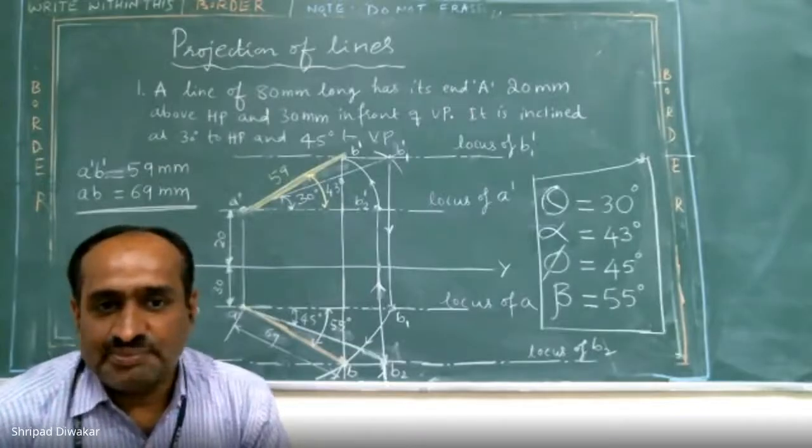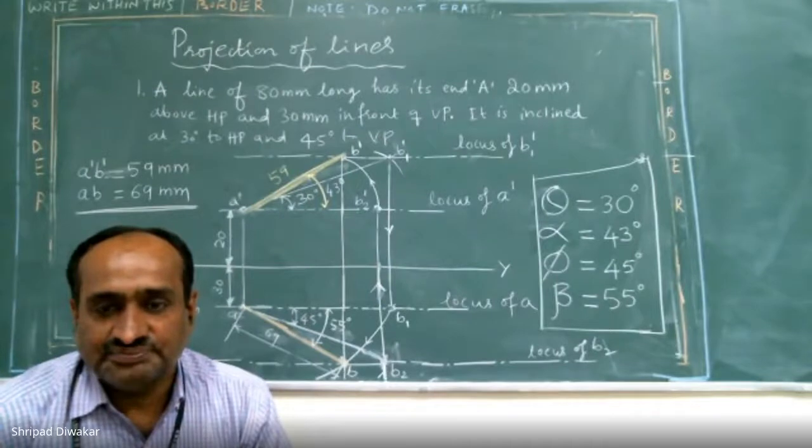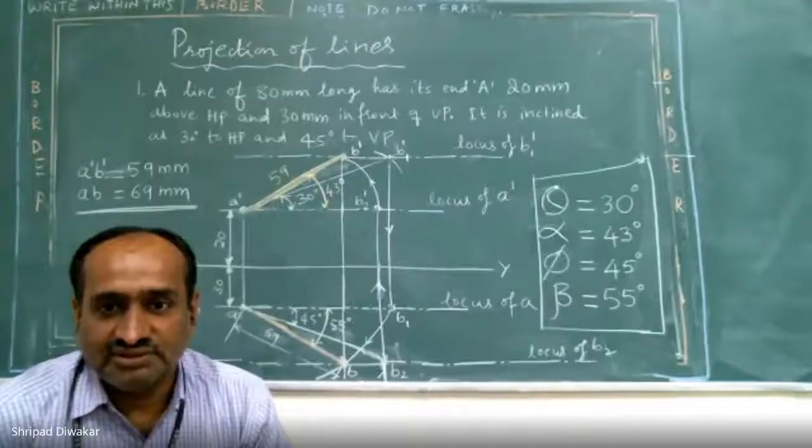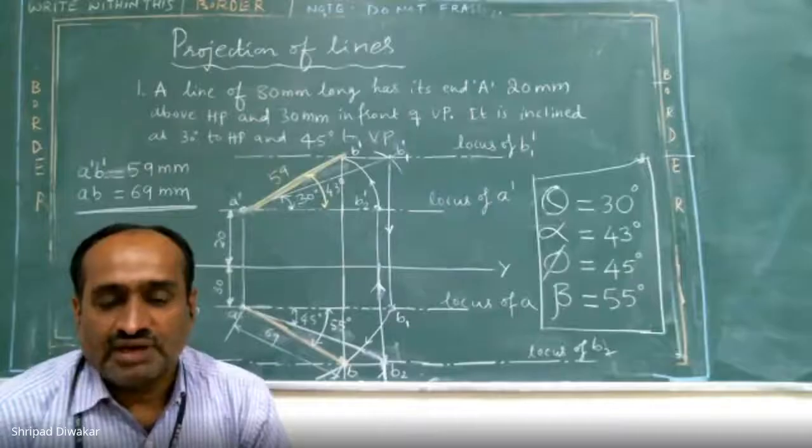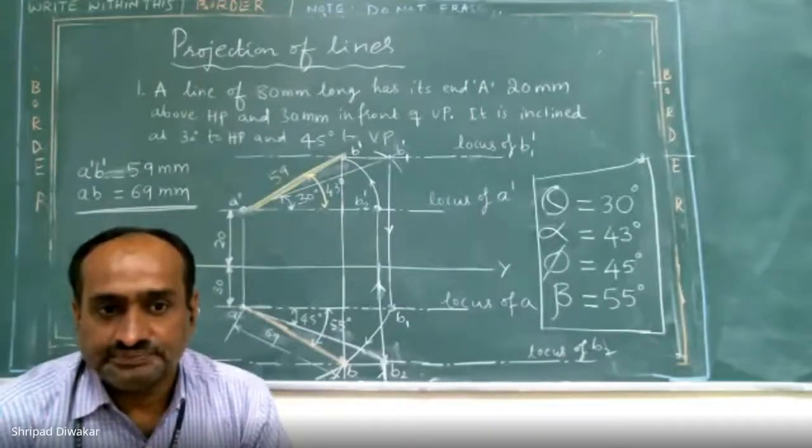Okay. Now you tell me how we represent apparent inclination with respect to VP? Symbol? Beta. Good. What is the apparent inclination with HP? Alpha. What about true length in front view?